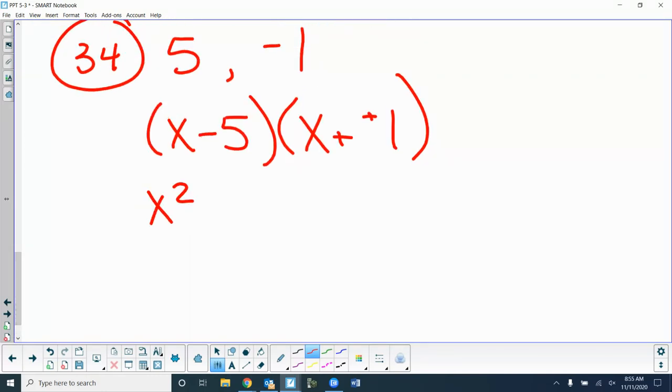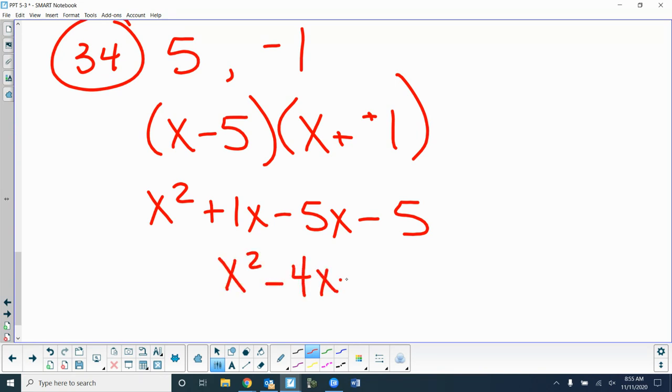First, outside, inside, last. Multiplying, not adding. So x squared minus 4x minus 5 is your answer. Questions? Does that help? Yes.